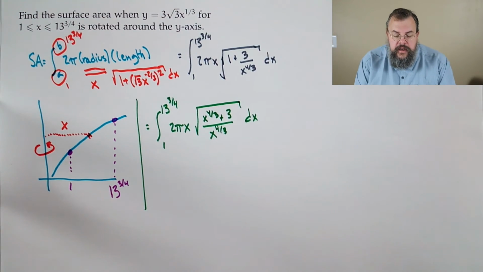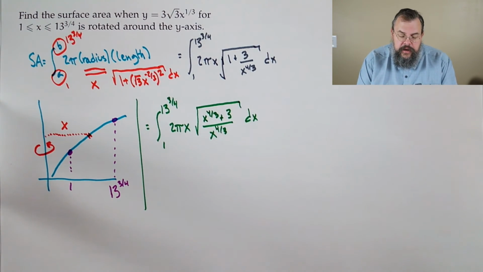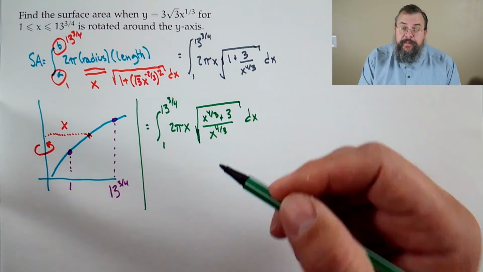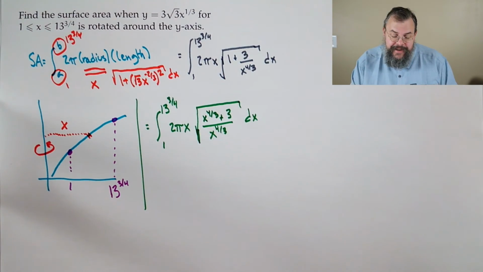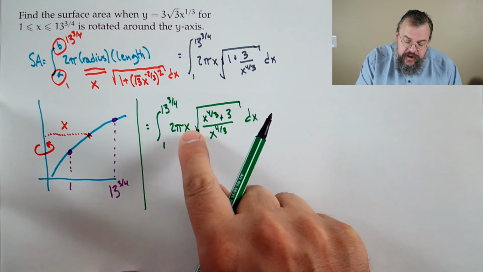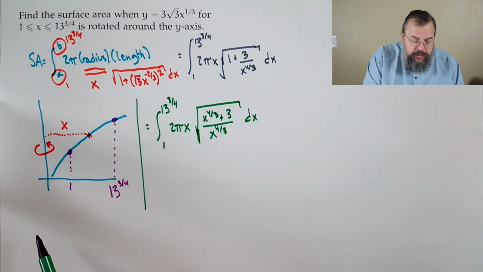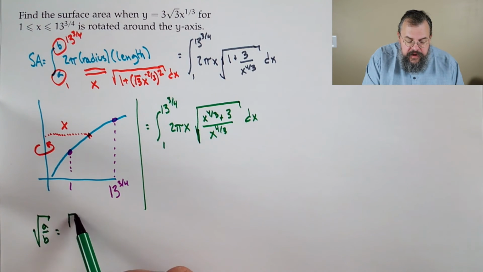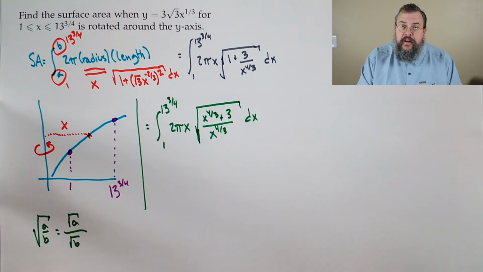Now there's this nice property about square roots. You see there's an x up here, and an x downstairs. If you have the square root of a fraction, a over b, you can think of it as the square root of a over the square root of b.